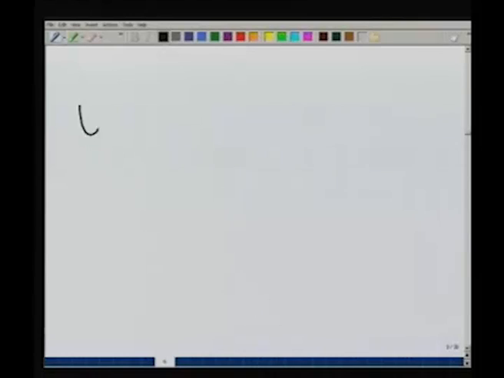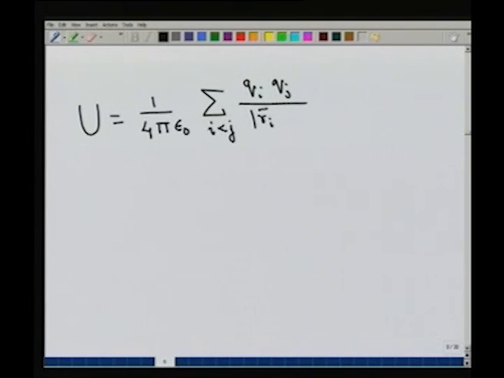In order not to get into any confusion, I will use a different notation now. I will write the total potential energy as U. So how does it look like? The potential energy will be simply given by 1 over 4 pi epsilon naught, and I will write sum over i less than j of Qi Qj over mod Ri minus Rj.